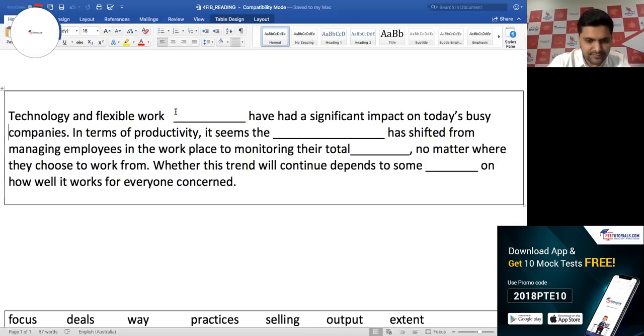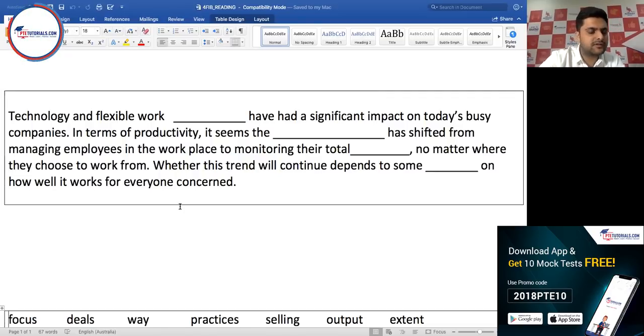Now, we look at the options given in the text box below, and the options are focus, deals, way, practices, selling, output, and extent. Before we put every word here and see which makes sense, we'll first think what kind of word, if we put here, will give meaning to this entire text.